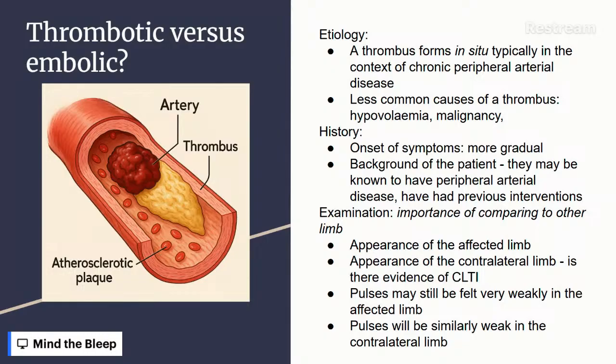As I was saying before, atherosclerosis is a global process. So if someone has coronary artery disease, they are also going to have a degree of peripheral arterial disease. And then again, the importance of comparing to the other limb, because the other limb may well have abnormal pulses as well. And that will be an indicator that maybe this is a kind of acute on chronic etiology rather than some completely new presentation.